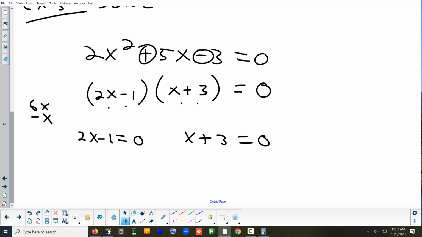To solve the one on the left, we add 1 on both sides. And here we would get x equals a half. Yep, good. Half. And now solve the one on the right. Well, there's only going to be one step there. What did you get for x on that one? -3.